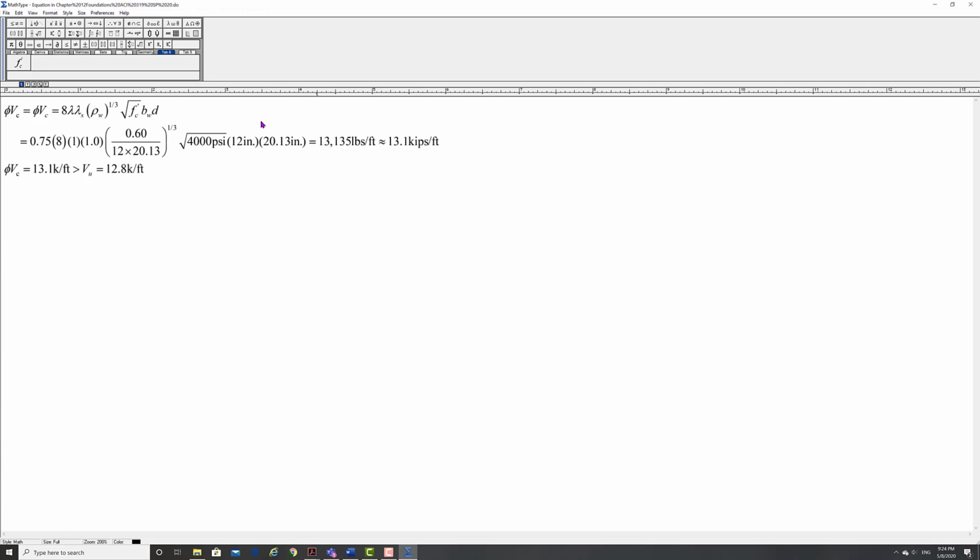Yeah, now with this new formula, that shear becomes so critical that you need to recheck your assumption. All right, so 0.60 divided by 12 divided by 20.13, and that has to be raised to the 1/3.